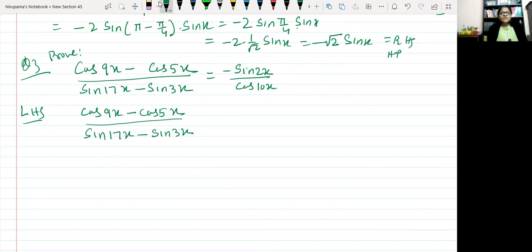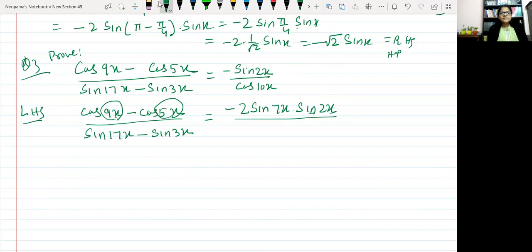Cos C minus cos D, sin C minus sin D. Cos C minus cos D, as you know, is minus 2 sin (C plus D)/2, meaning 9x plus 5x, 14x by 2, 7x, into sin (9x minus 5x)/2, 4x by 2, that is 2x.